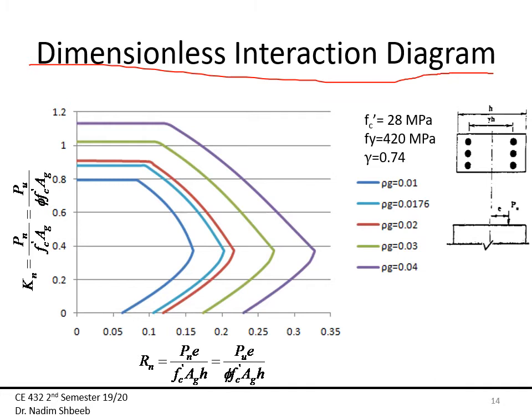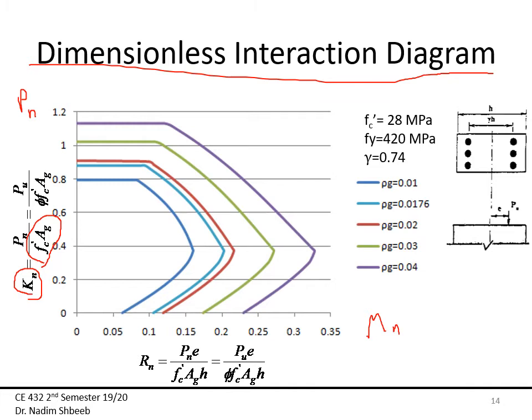Here I'm showing you the interaction diagram that I generated using my Excel spreadsheet. First of all, if we go to the axis attributed to the axial force Pn and to my moment Mn, you notice I normalized that with respect to f'c times area gross, and I'm calling that Kn. So if you divide Pn by f'c area gross, you're getting a dimensionless value.